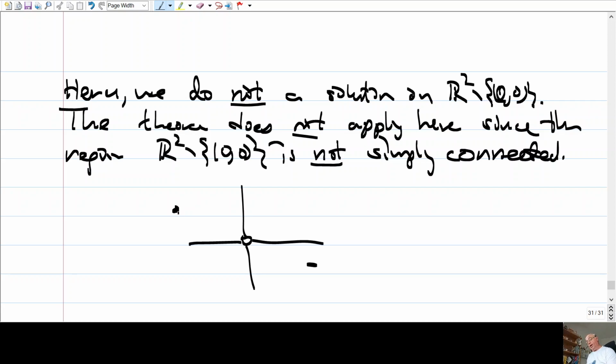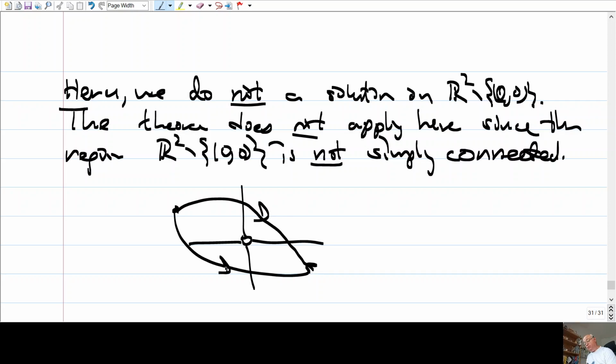So if you can join any two points on a region by a path, it means it is connected. But if there are different ways of connecting different points, then the region is not simply connected. For example, I can join these 2 points this way or this way, and these paths are essentially different.